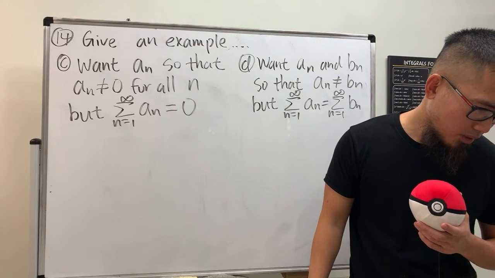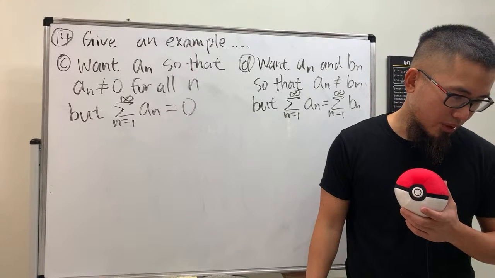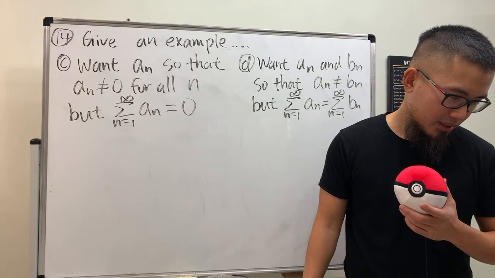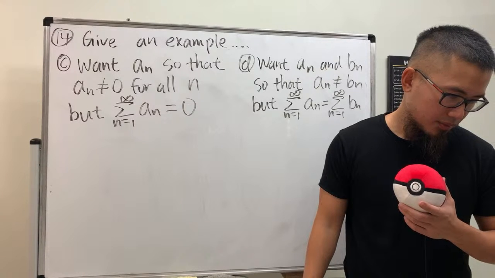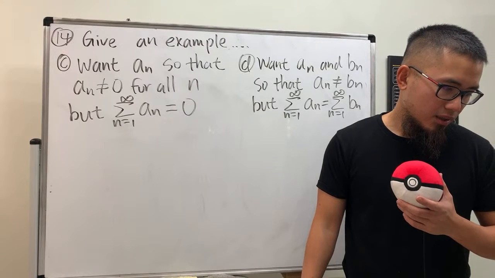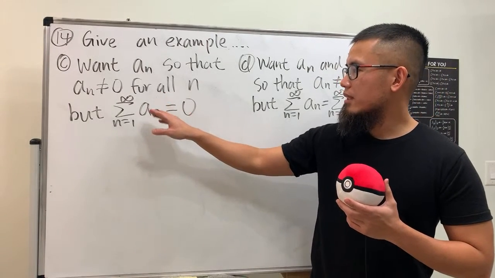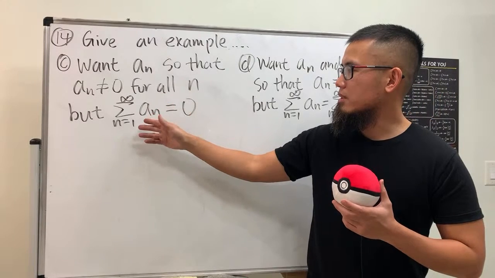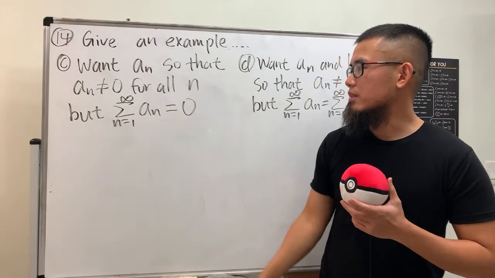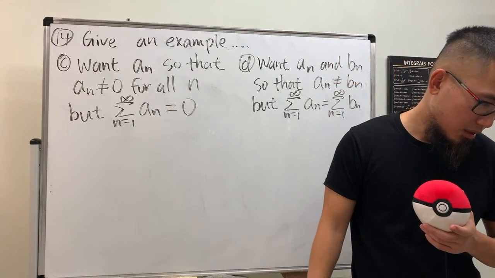Negative 1 over n squared does not work. 2 minus 1 over n times n plus 1 does not work, because the series of 2 doesn't converge.